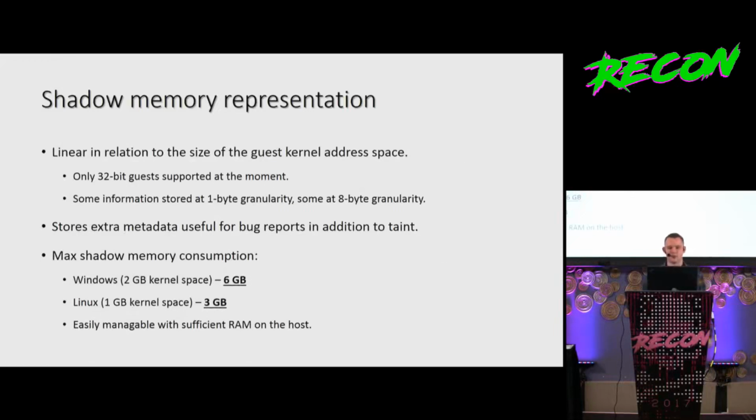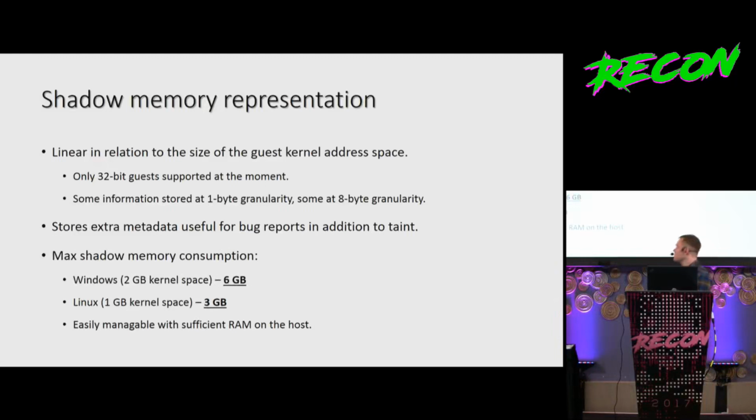Currently Bochspwn supports only 32-bit guest systems because we just have a large array that is linear to the size of the kernel address space. Some of the information is stored at 1 byte granularity, some at 8 byte granularity. And as I showed, we have some extra metadata, which is not really important for just tainting, but also for figuring out where the allocation was made, what the bug is, and stuff like that.